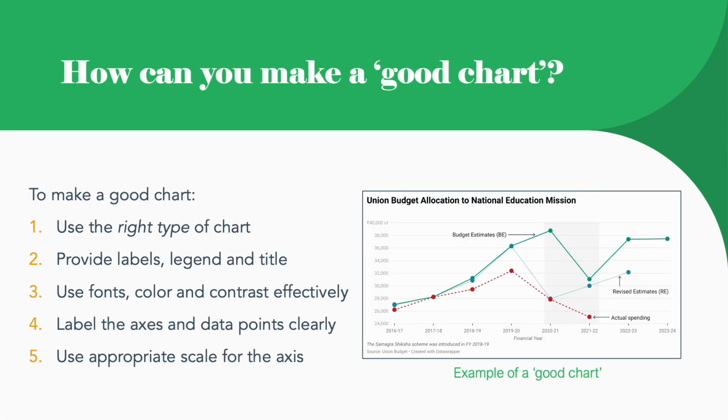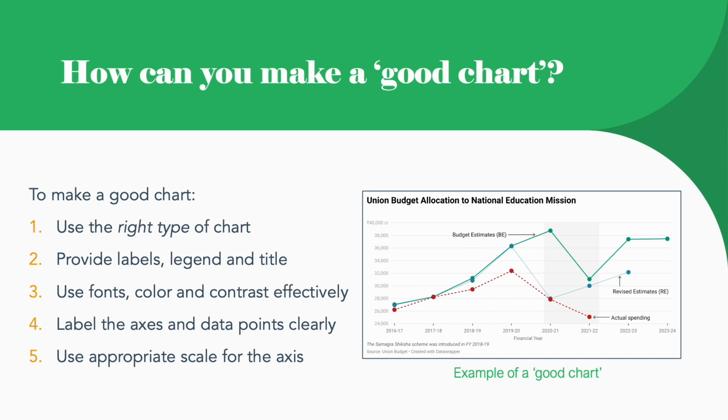So how can you make a good chart? There are several principles that can be put into use when trying to create an effective data visualization. I've listed 5 of these here, and if you just follow these 5 points, you will automatically be making really good charts and data visualizations. So, what are these 5 points?